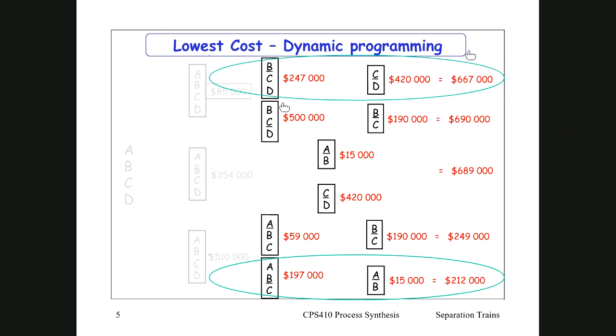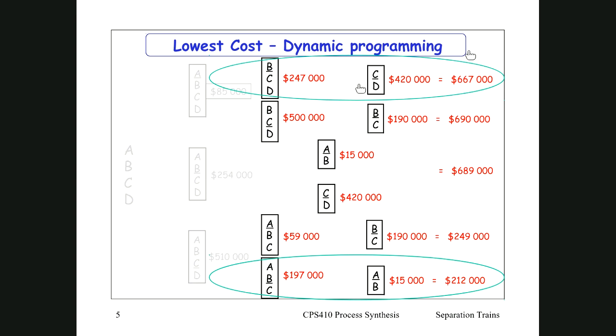And then as soon as you can make a decision, are you going to do B/CD or BC/D? You work out what is the optimum. Because once you've worked out this optimum, and here you can see this is 247 plus 420 to separate a BCD mixture, 667,000. But if you do it by BC/D, it costs more.